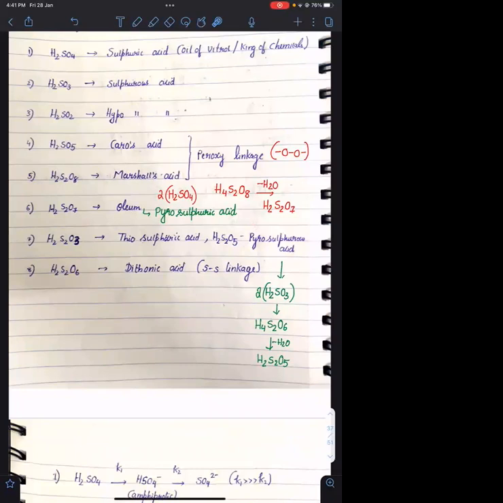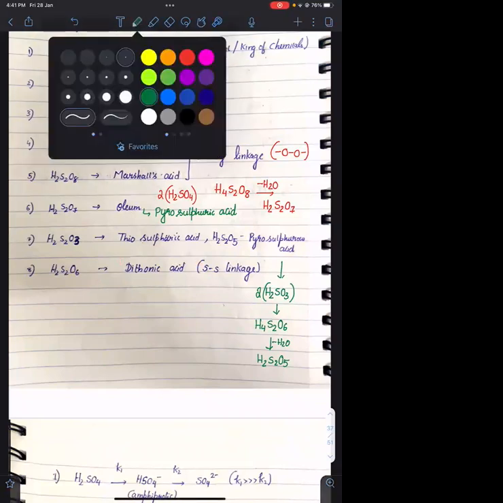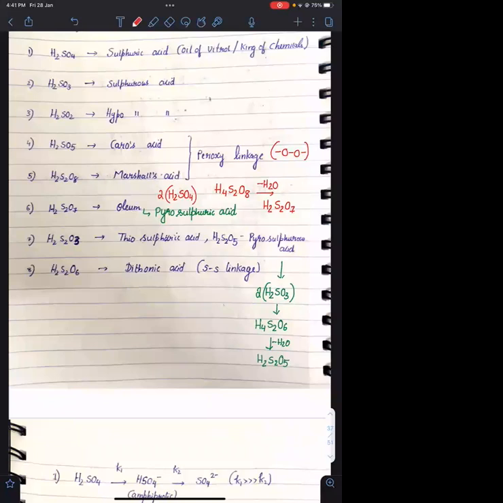Okay. Then you have a set of acids called thionic acids. This is not diatonic, it is dithionic. Correct in your notes, it is dithionic. Okay. H2S2O6 is called dithionic acid, where you are having an SS linkage. In case of phosphorus acids, name the phosphorus acid which has a PP linkage.